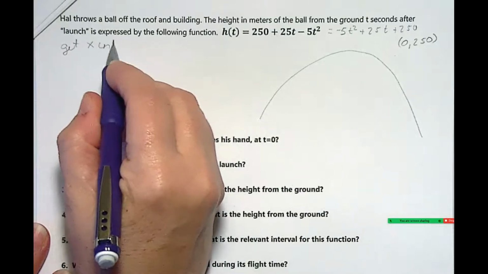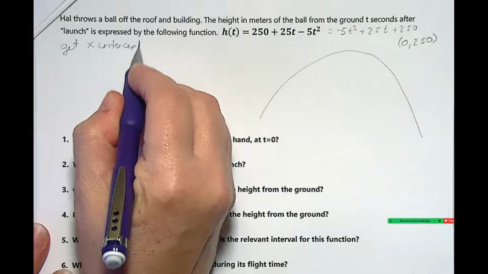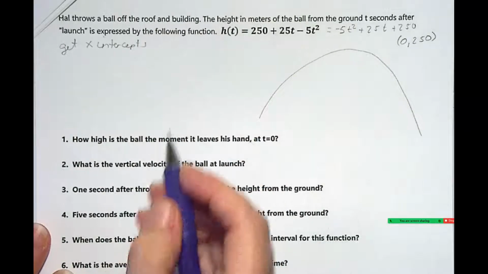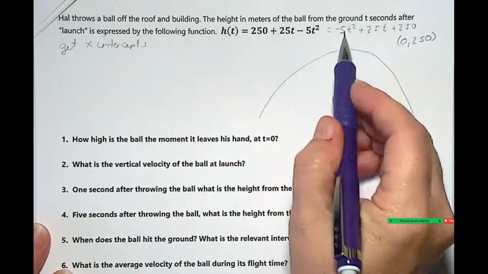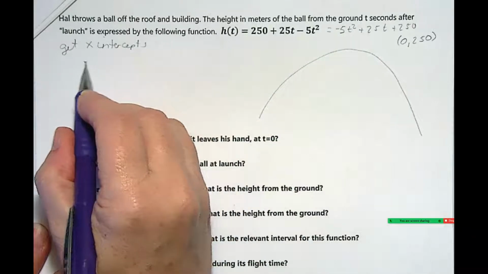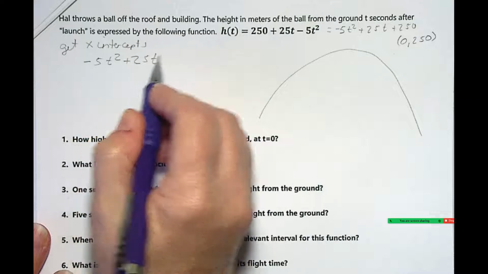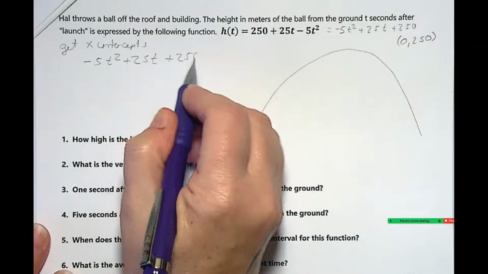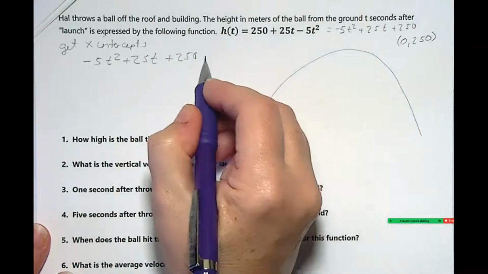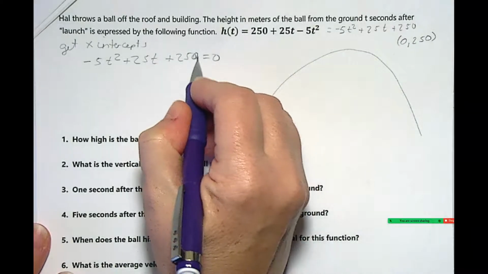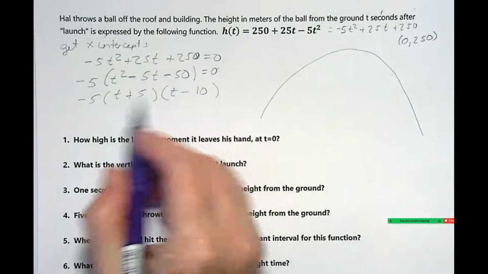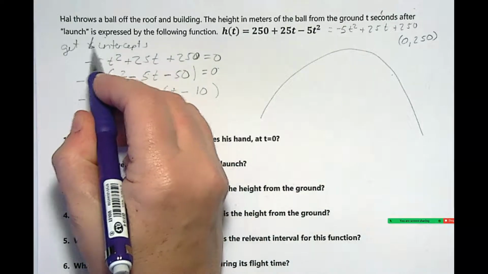I set y equal to 0 and solve for t. So we take this and set it equal to 0: negative 5t squared plus 25t plus 250 equals 0. We were calling them x-intercepts, but they're really t-intercepts because this is a function of time.